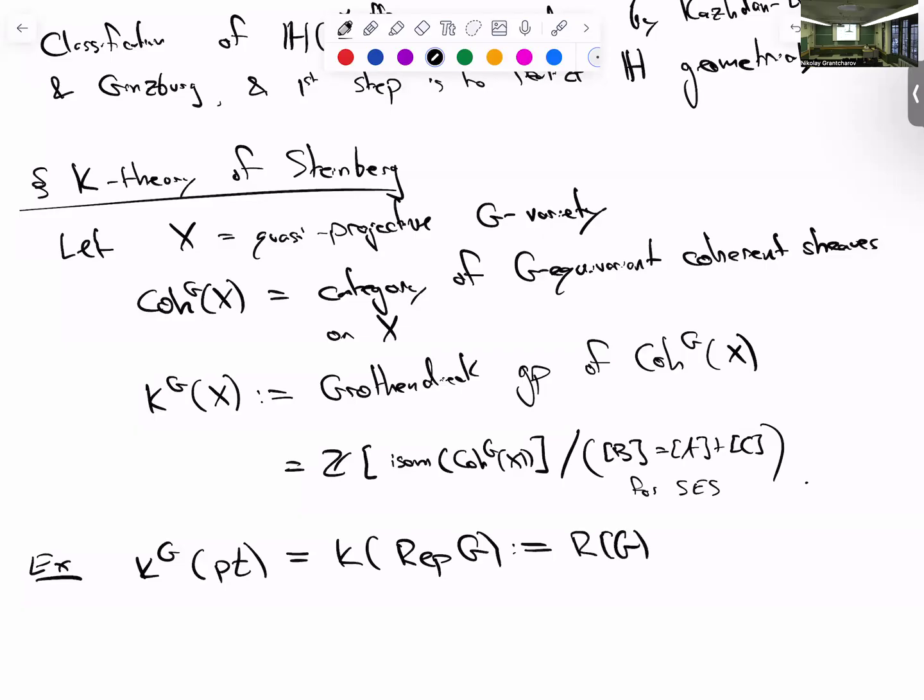And since G is reductive, this is the same thing as just class functions on G. In the case of finite groups, this is very classical.